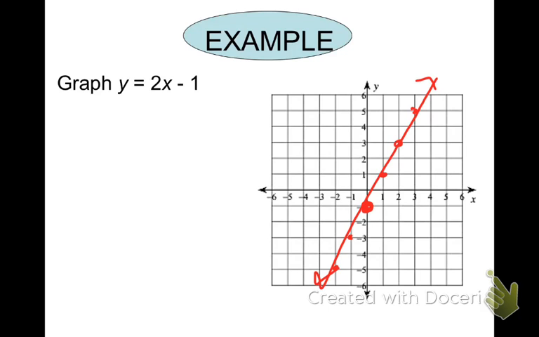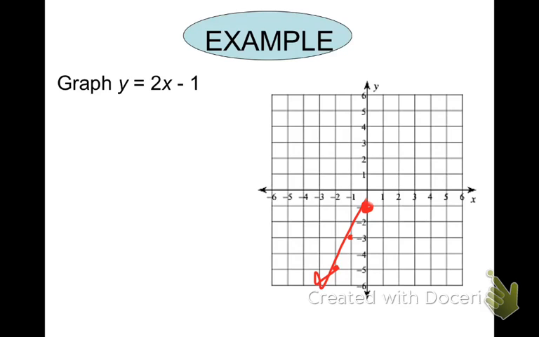Okay, so if that is my graph, how many points are on this line? An infinite number of points would be on the line. What would be the domain of this line? All real numbers. What would be the range of this line? All real numbers. What if I did this? Did my domain change?